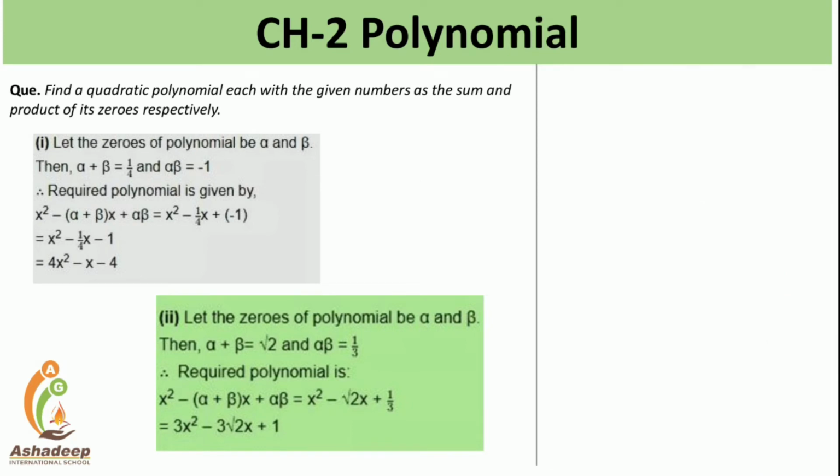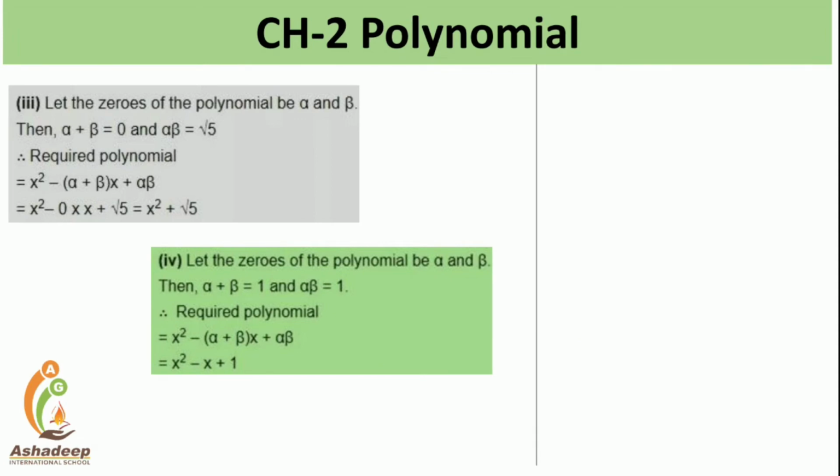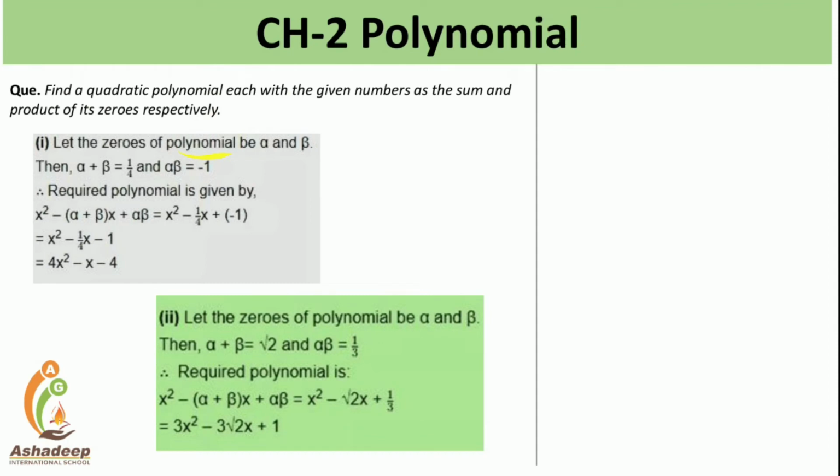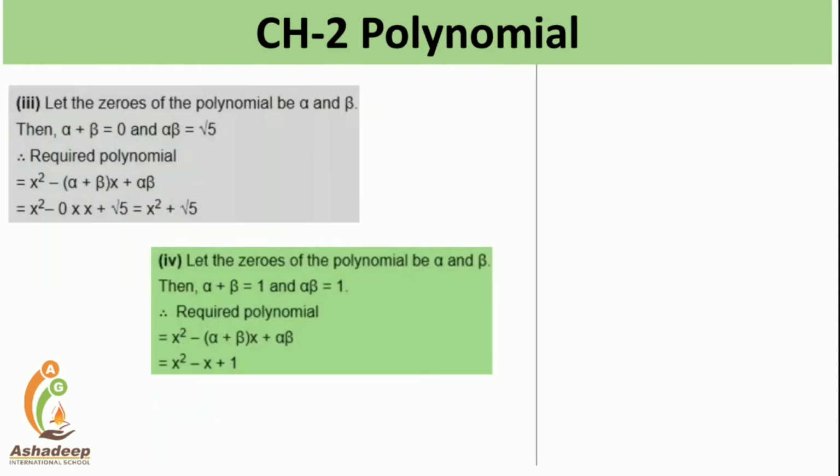Let's move on to another sum, and that is, let the zeroes of the polynomial be alpha and beta, right? So alpha plus beta, sum is 0 and product is square root of 5. Simple.